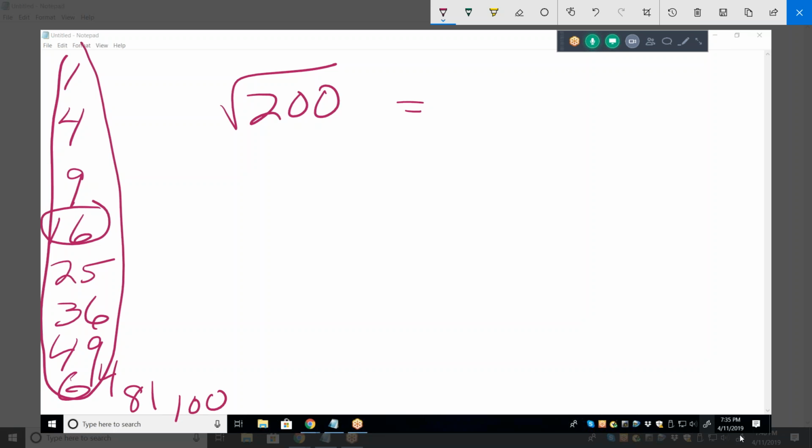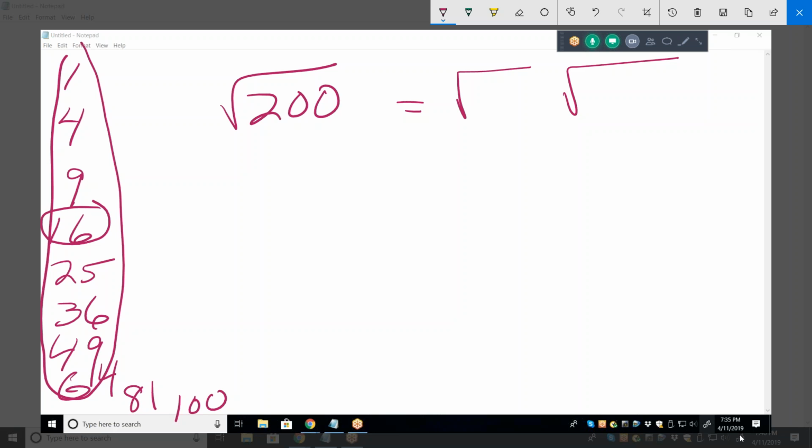So how are you going to factor 200? Where one of those factors is a perfect square number, and preferably the biggest perfect square number. In other words, 4 goes into 200, 25 goes into 200, and 100 goes into 200.